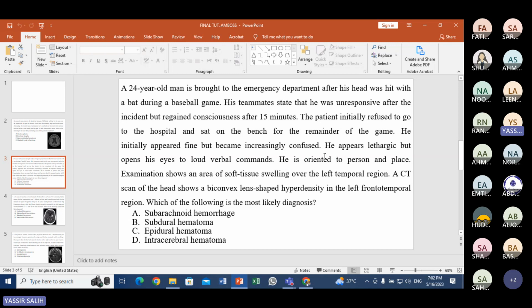The patient may present with headache, blurring of vision and sometimes weakness.